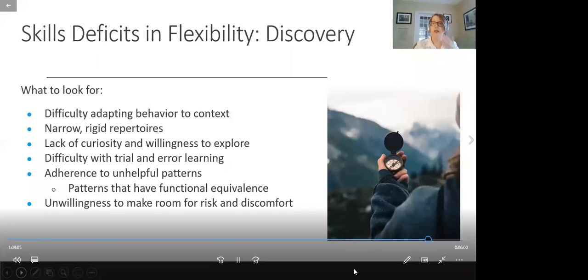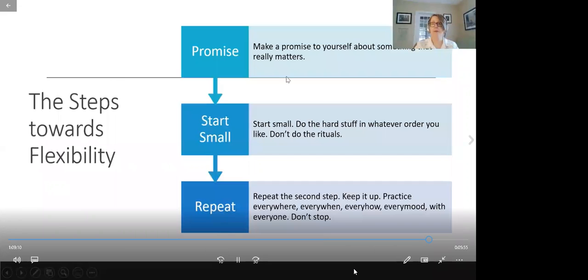So all these things that we have talked about working up to this point. And so from an ACT perspective, it's very consistent with a traditional ERP perspective. This is how we would move towards flexibility in our paradigm. You'd make a promise to yourself that really matters. You might start small, do the hard stuff, don't do rituals, and repeat over and over and over again.